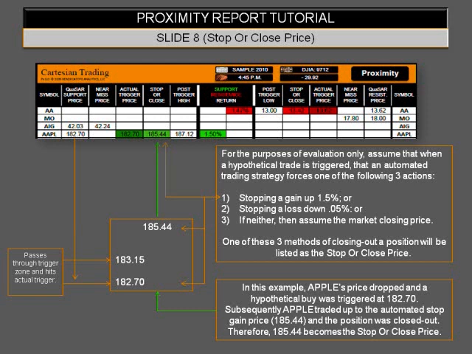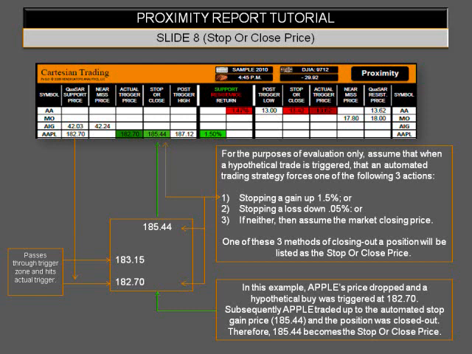The only thing we're interested in is evaluating the proximity report, and in this specific instance, Apple had a support price of 182.70. It had a trigger zone of 182.70 through 183.15. It was triggered. The stock traded up to 185.44, which then triggered a stop gain using the assumptions.